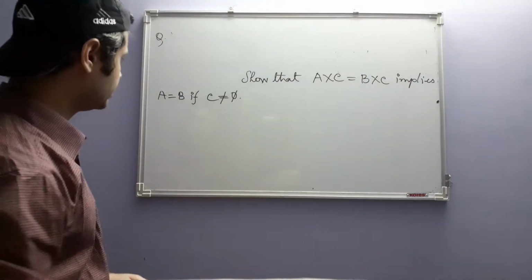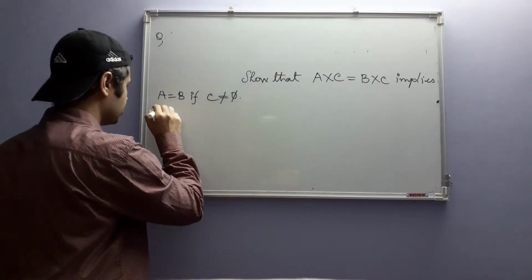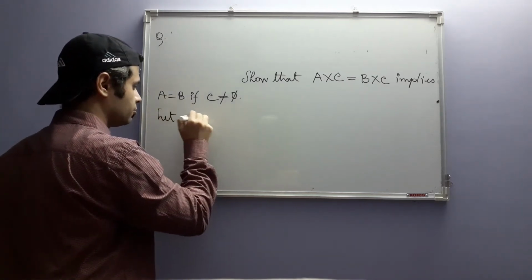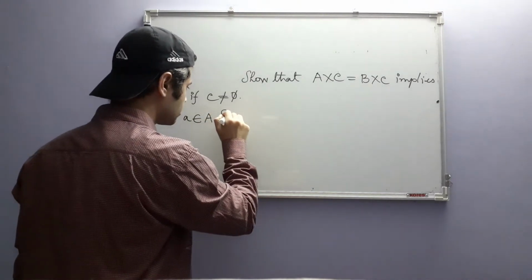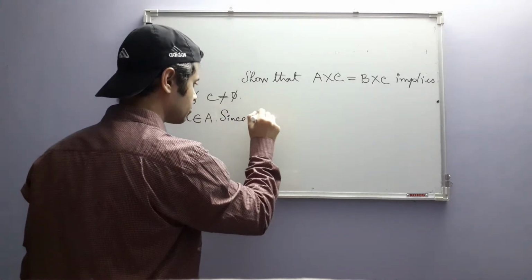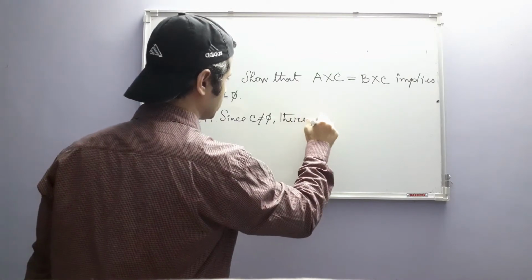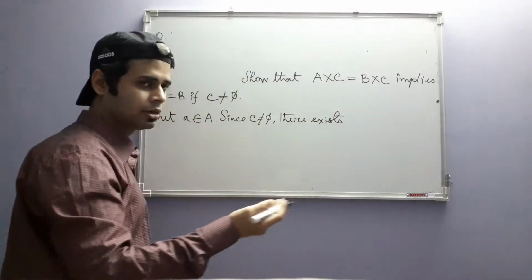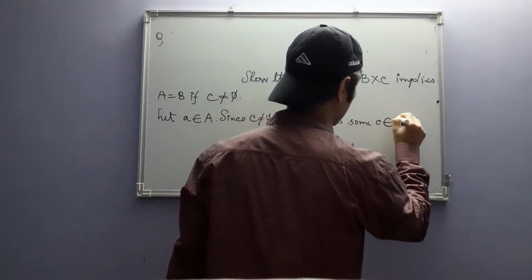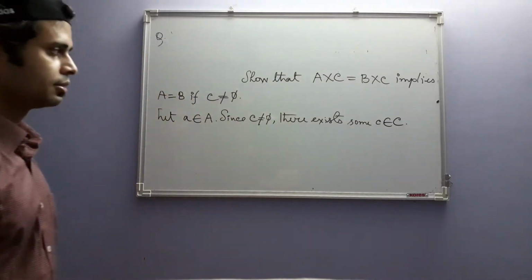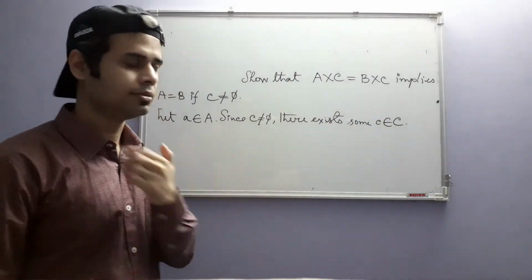So to show this, again we have to show A is equal to B. So let a belong to A. Since C is non-empty, there exists some element c in C. We have been able to choose this element only because C is non-empty.